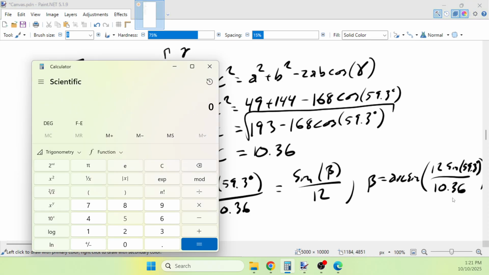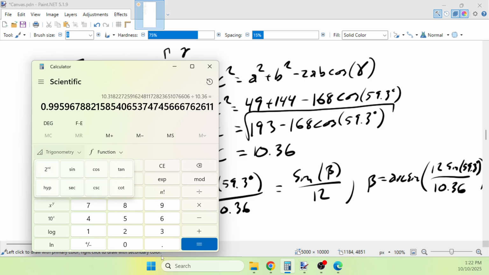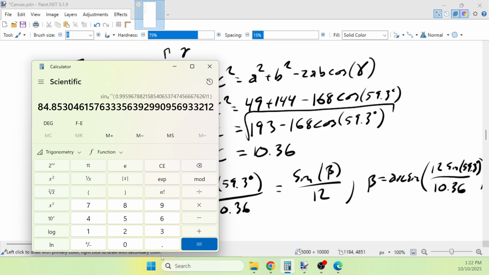We're going to type in sine of that, 12, divide by this sine. This gives me 4.5.